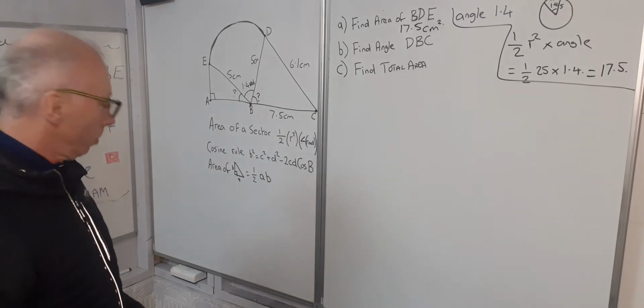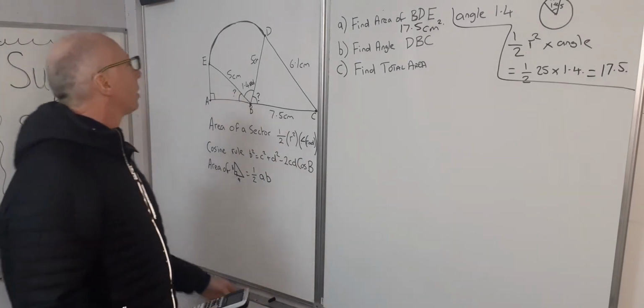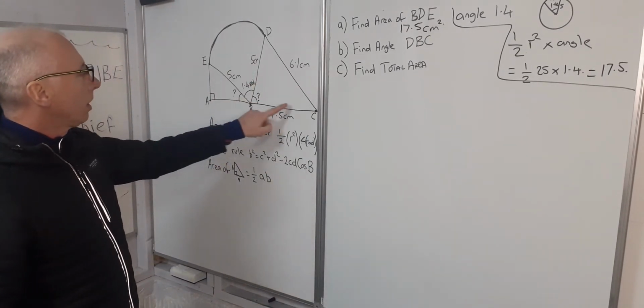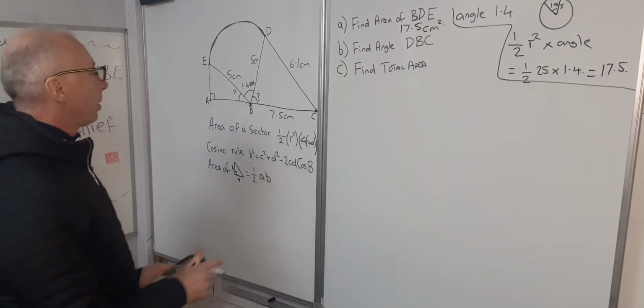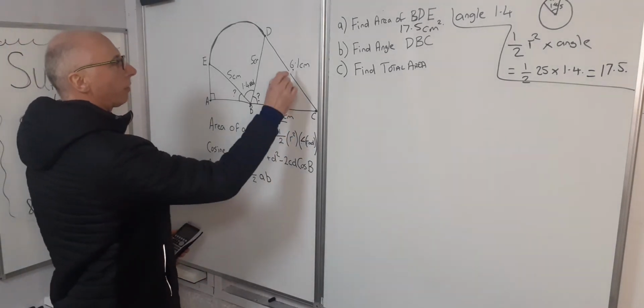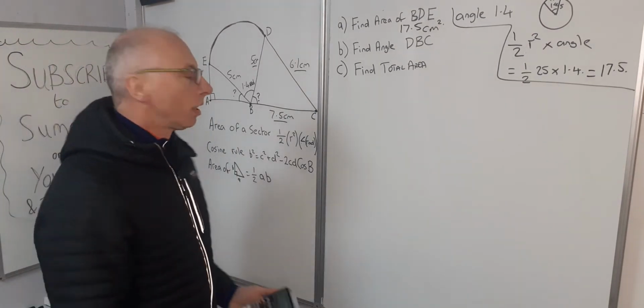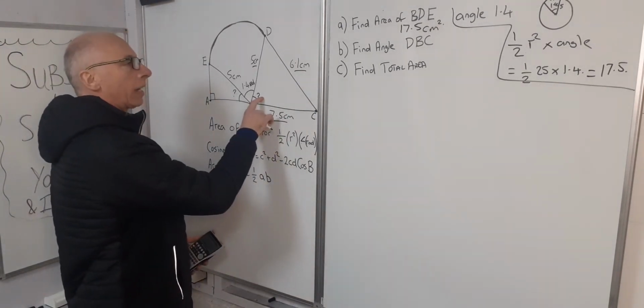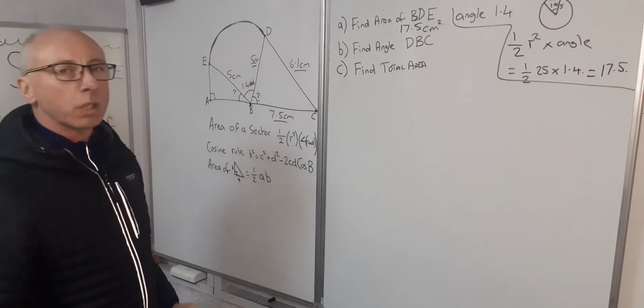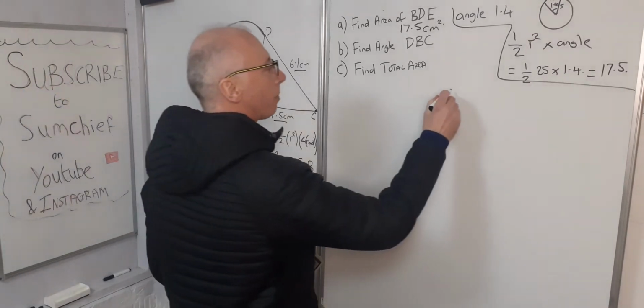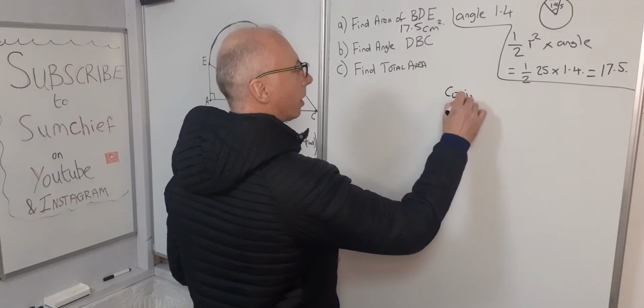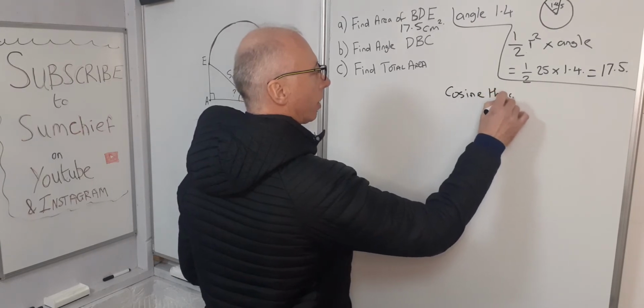Now find the angle DBC. Now we know we've got 7.5, 6.1 and 5 centimetres as our sides, but we don't know the angle. So to find that angle, we can use the cosine theorem.